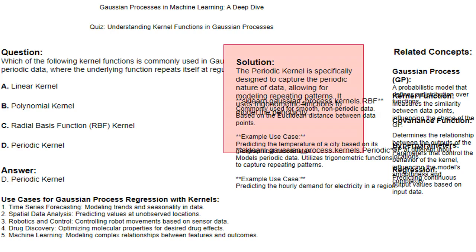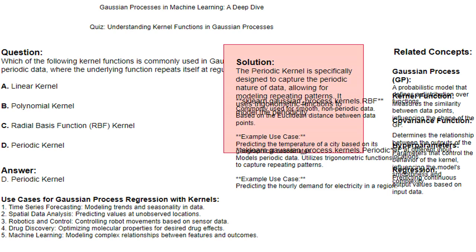Kernel function. The periodic kernel is ideal for modeling the seasonal fluctuations in a time series dataset, like predicting the demand for ice cream throughout the year. D. Periodic kernel.